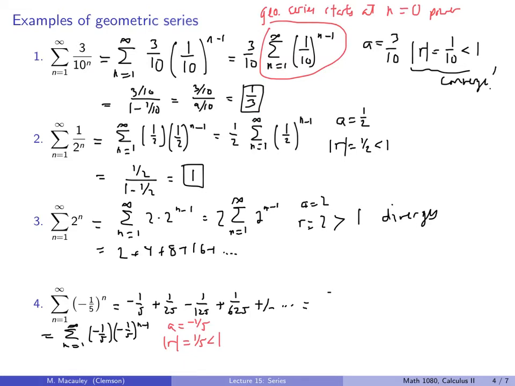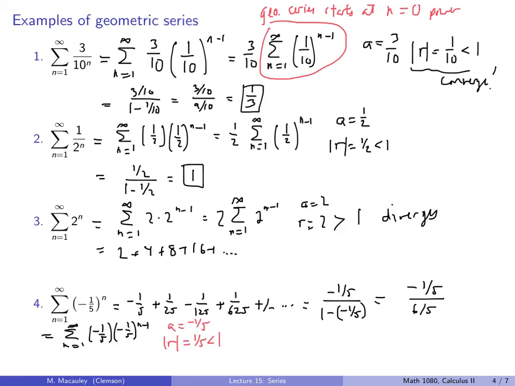And this is going to converge to a over 1 minus r, which is negative 1/5 over 1 minus negative 1/5. So this is negative 1/5 over 6/5.